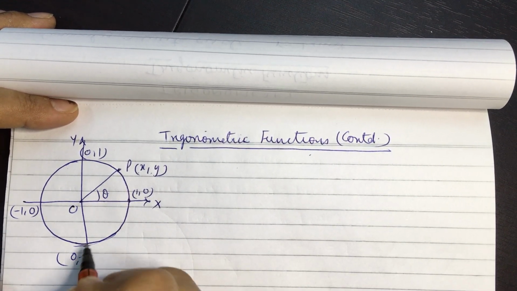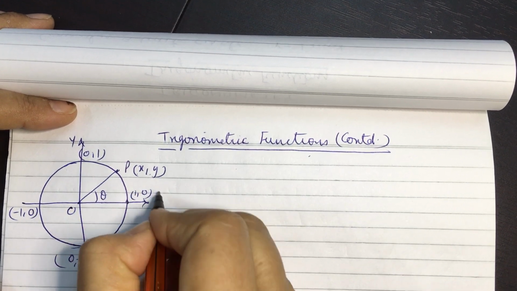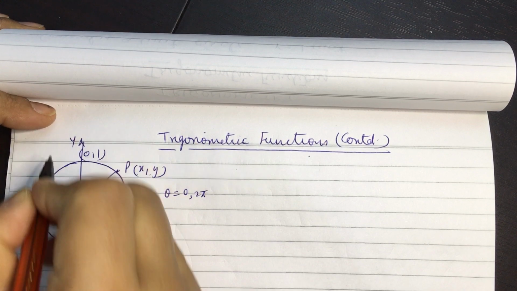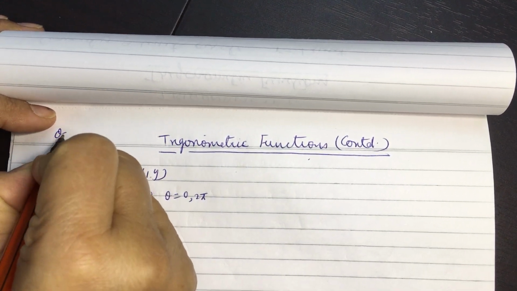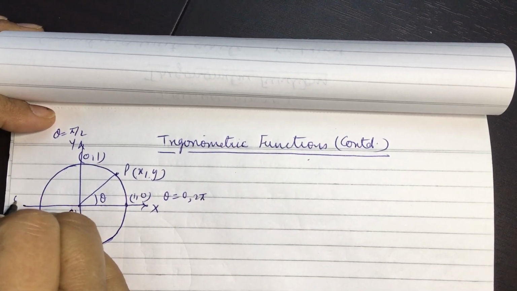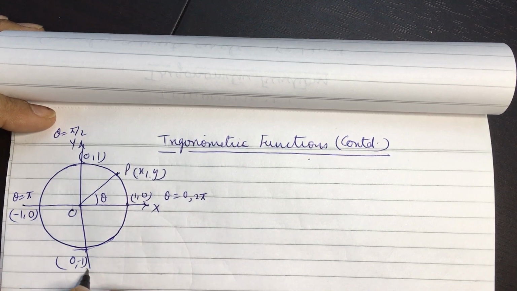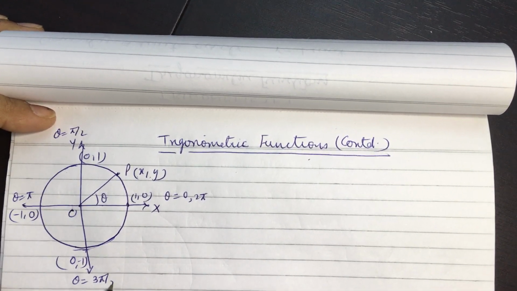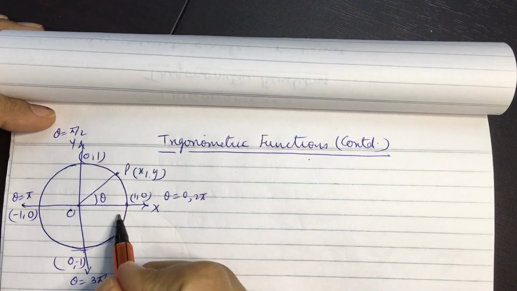Here we had seen that theta is 0 and it is also equal to 2 pi. Here theta equal to pi by 2, here theta equal to pi, here theta equal to 3 pi by 2.